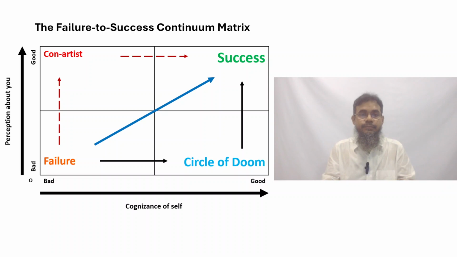That's not right. What is that route? That route is, while you're still low on your competencies, you project yourself to be good. So the perception about you develops that you're really good, while you yourself know that you are nowhere where you want to reach. You are a con artist.